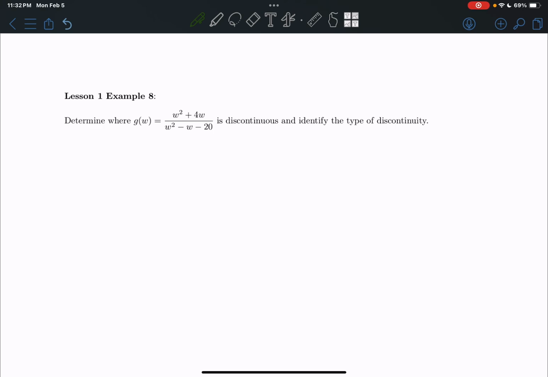Okay, so the question here is: determine where G of W is discontinuous and identify the type of each discontinuity.